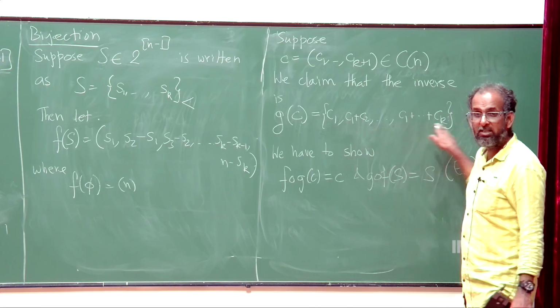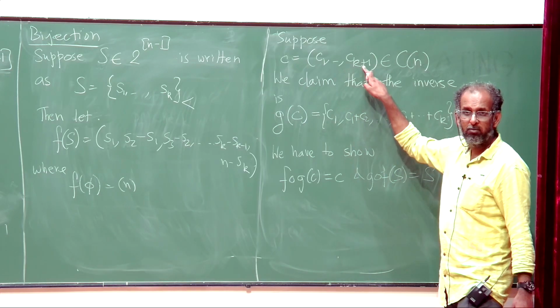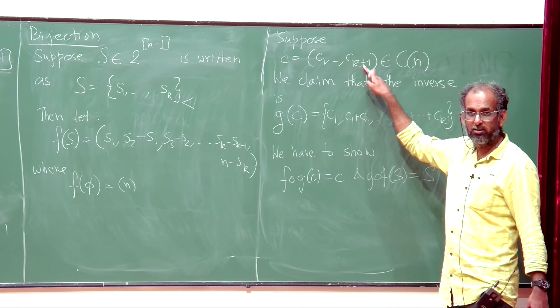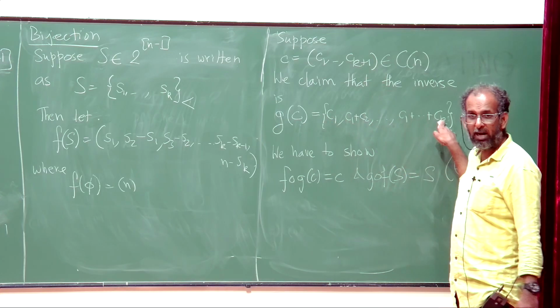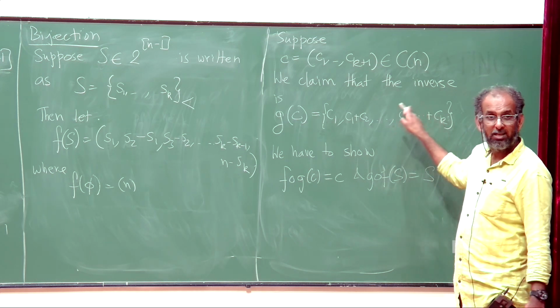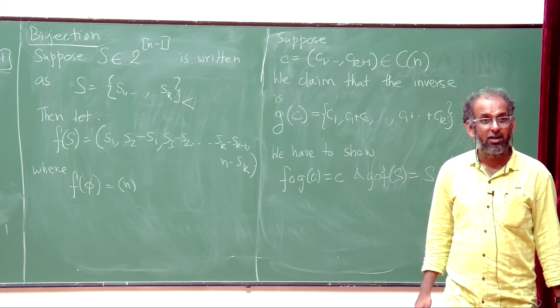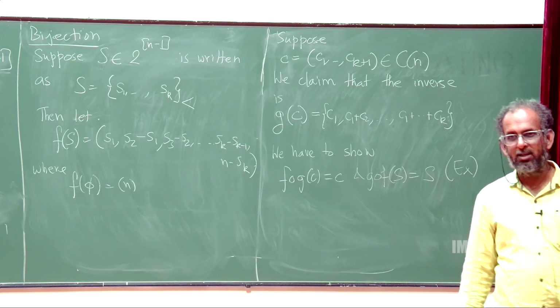It's clear that these are increasing, right? Because all the entries are positive integers. So each time you are adding positive integers, so I just have to show that this guy is less than n. Can you show that? Yes. Why? Because the sum of the whole sequence is n. Precisely.